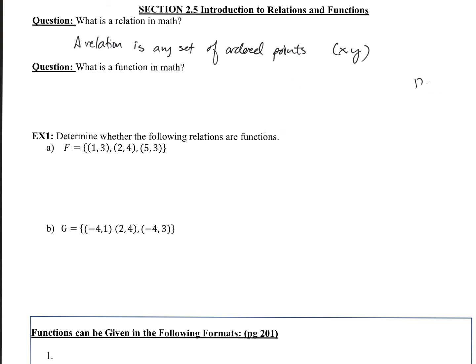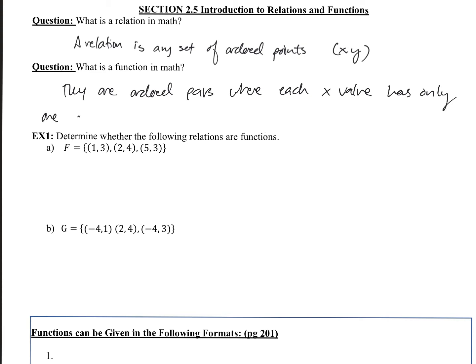So they're ordered pairs, but they're specific types of ordered pairs, where, and this is very important, each x value has only one corresponding y value.